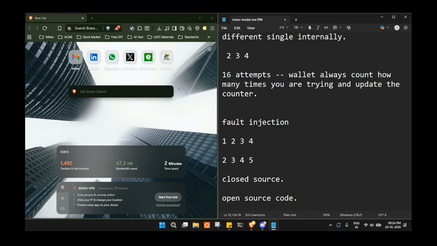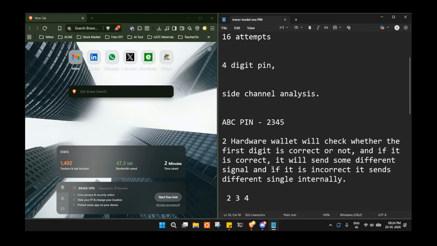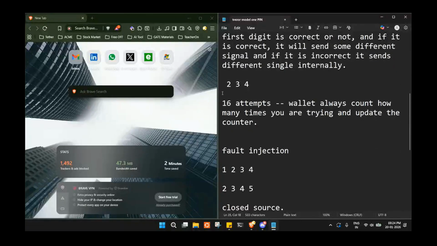So that's why most companies earlier were not using any kind of secure element chip. But as I mentioned, side-channel analysis and all those things you can easily implement if the secure element chip is not there. And people were able to crack all those hardware wallets.